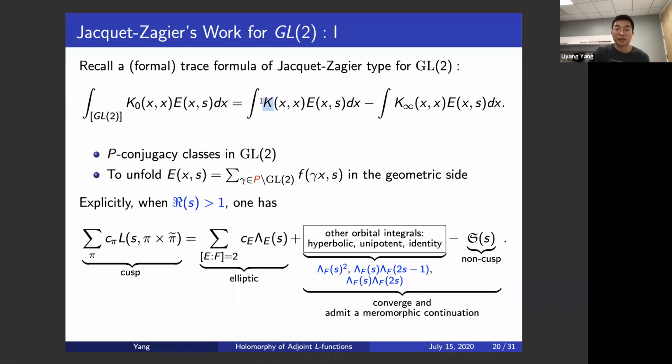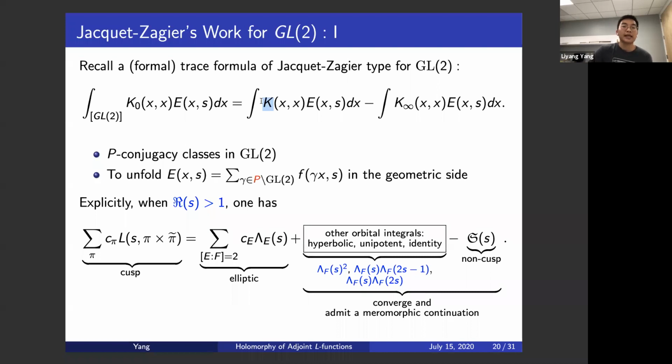This K is the automorphic kernel function with respect to some test function, where in this lecture, a test function means a smooth function that is compactly supported modulo the center, is bi-K-invariant, and has some central character matching the central character of the pi you are interested in.